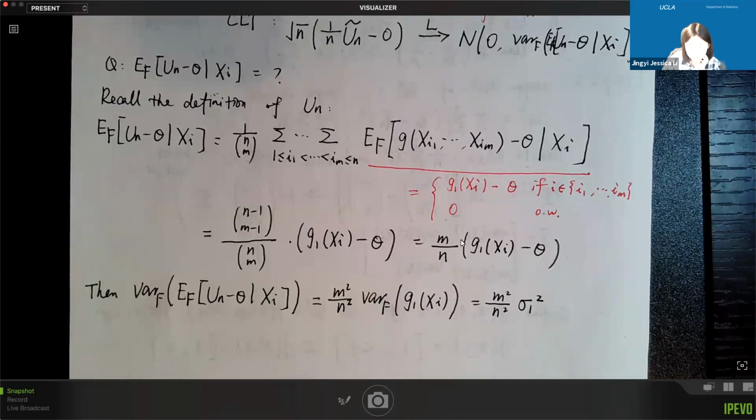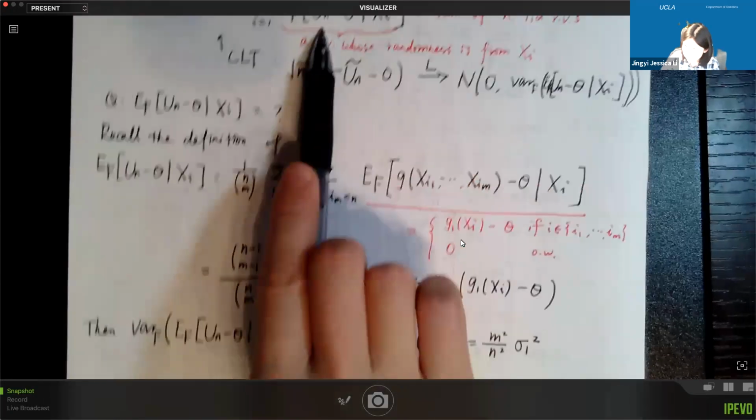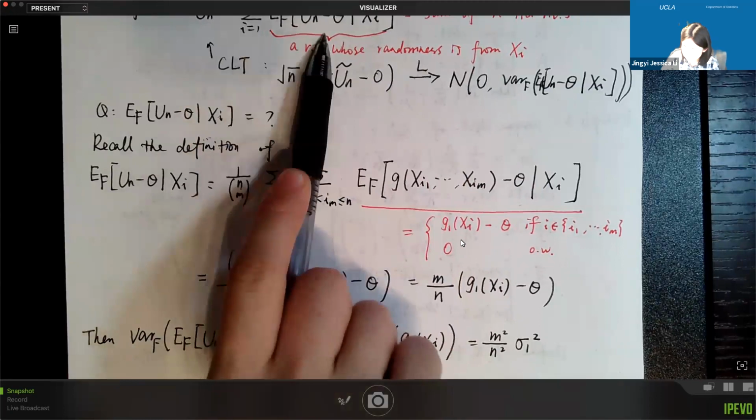Let me see. g1 xi minus theta. Sum of independent, yeah. It seems that everything's right here. Un tilde, this is the sum of expectation, right?